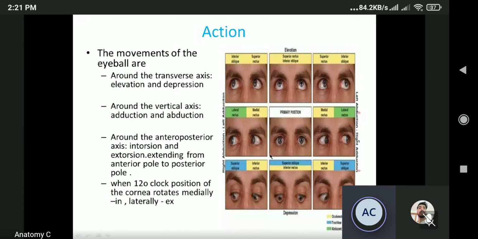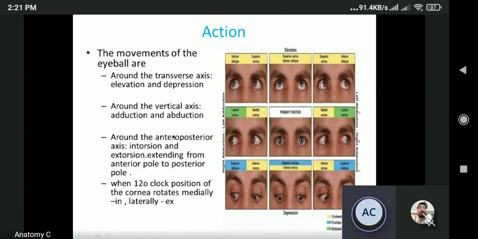In the vertical axis, you get abduction and adduction. Adduction is towards the nose and abduction is away from the nose, towards the temporal bone.